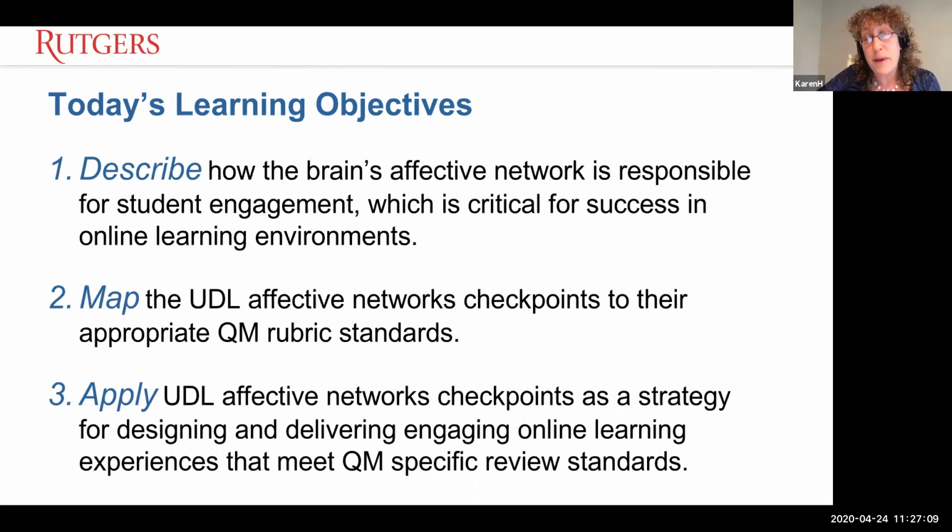And we're going to talk about that because it is a major part of universal design for learning. So today, through Universal Design for Learning, we're going to discuss and describe the brain's affective network and how it's responsible for student engagement. And engagement, I think, has become kind of a buzzword because we now understand that engagement is critical for success in online learning environments.